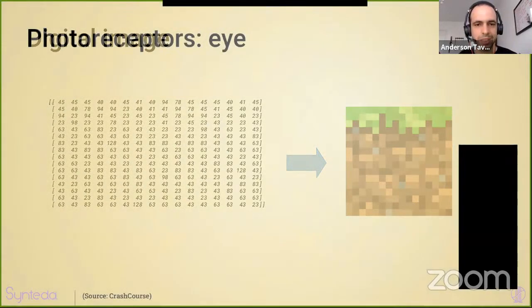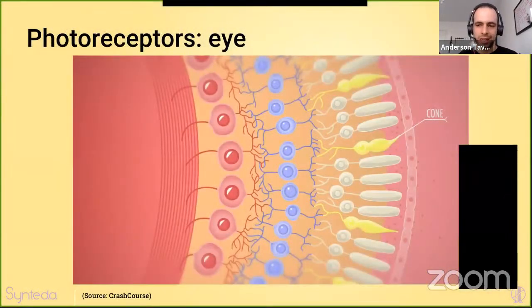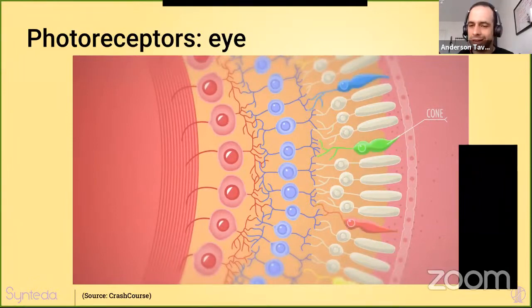In contrast, what happens in the eye is that we have a set of photoreceptors called cones, and they don't need filters because we have different types of cones that respond differently depending on the type of light. Usually people say that we have red, green, and blue cones, but that is misleading terminology.